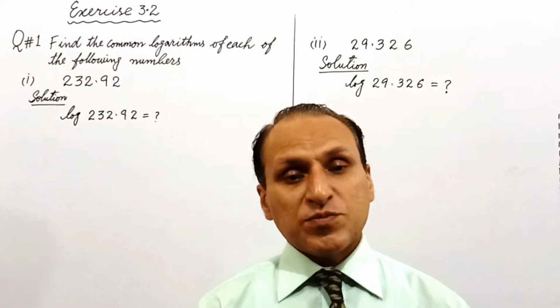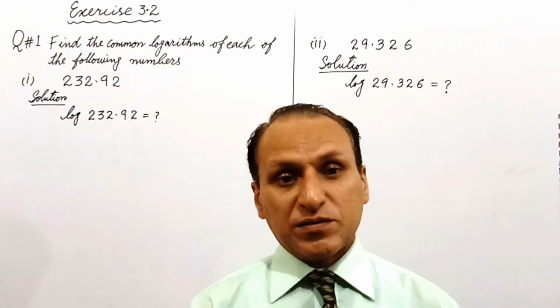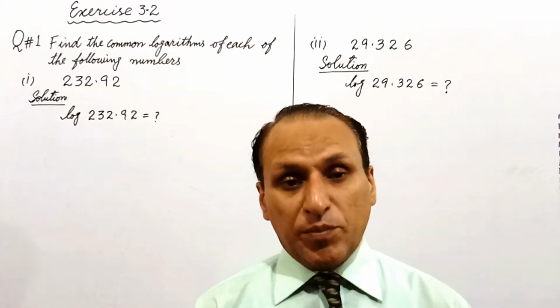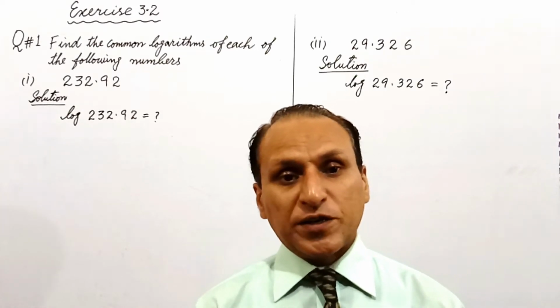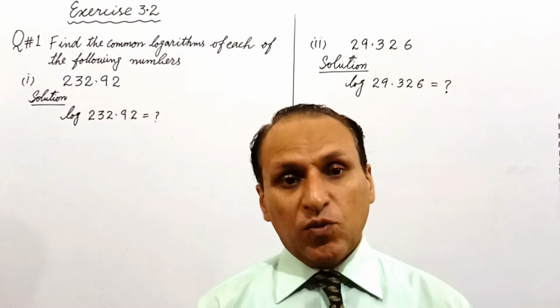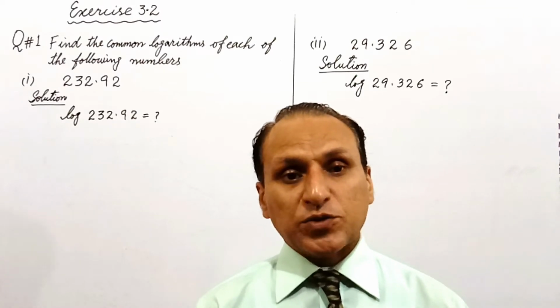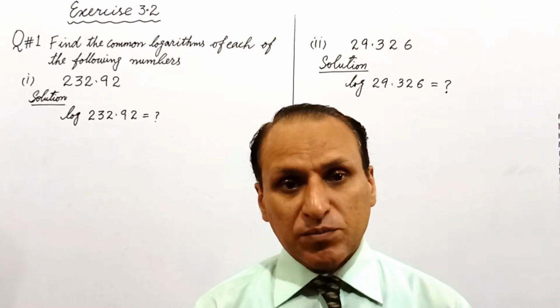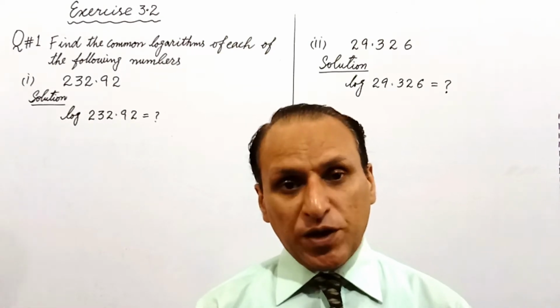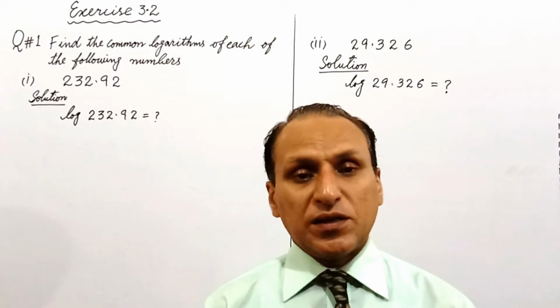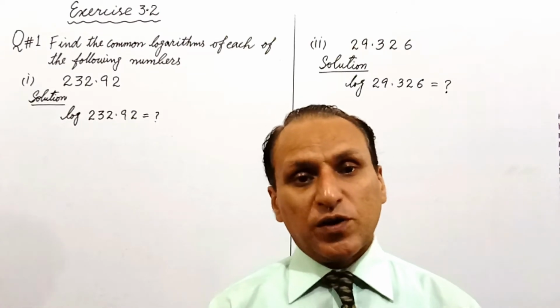So most of you avoid using the tables of logarithm. But we have to learn how to use these, and that is already discussed in the previous lecture. But now we do the question by using a scientific calculator. As per the requirement of the syllabus, we find the answer as in tables of logarithms.